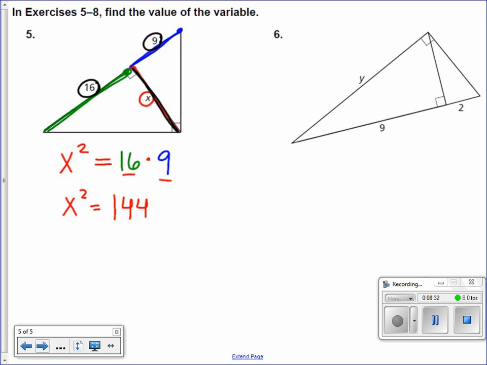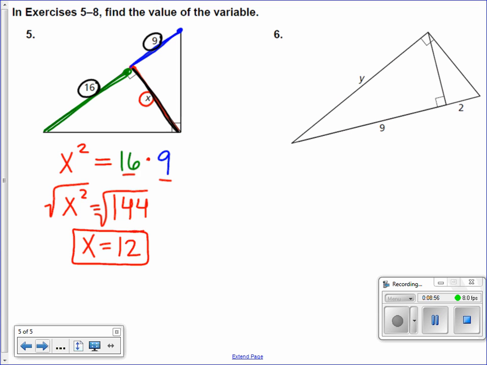So how do I get rid of the square? I square root, and I get x equals 12. So anytime you have a problem where you are given the line going through it, you should be able to work it like that.